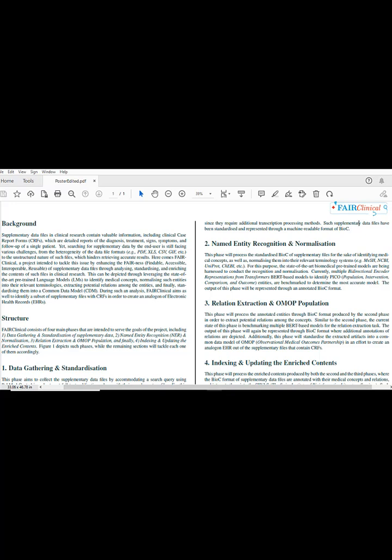The third phase, the relation extraction, is led by our university, the University of Luxembourg. This phase is expecting to receive the enriched BioC format from our French partner in the second phase, where the biomedical entities and their identifier tags are depicted within the BioC format of the supplementary data files. And here this phase is intended to identify potential relations among these entities.